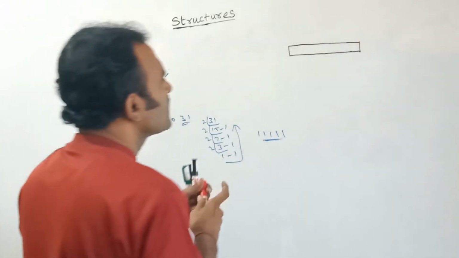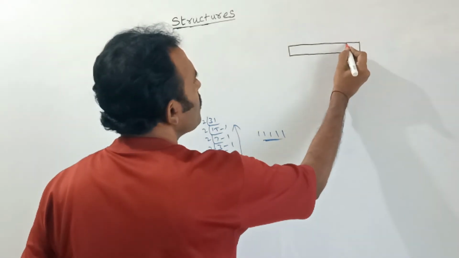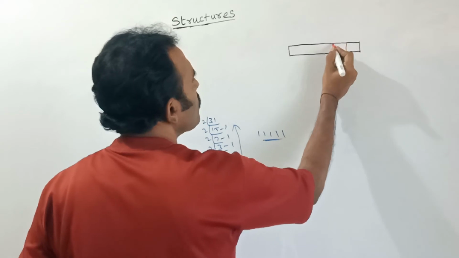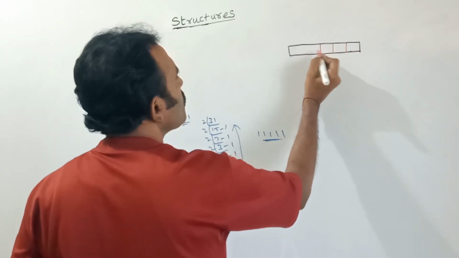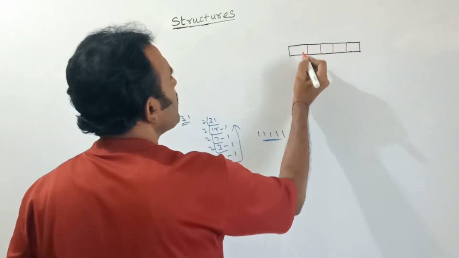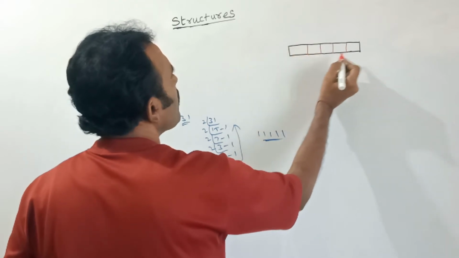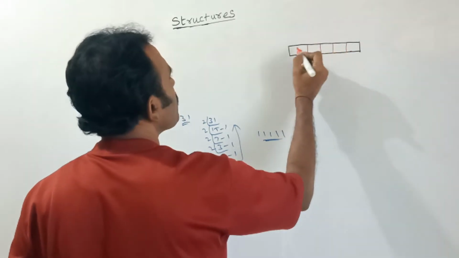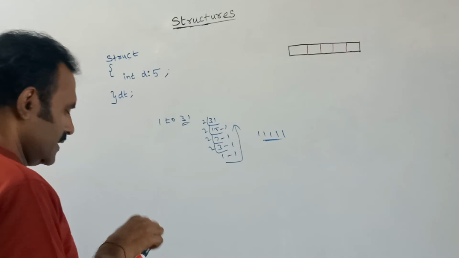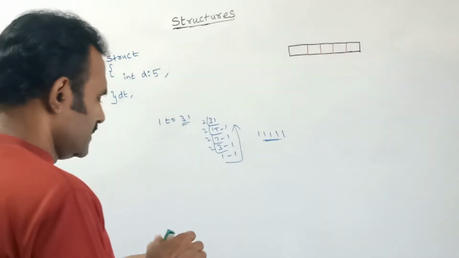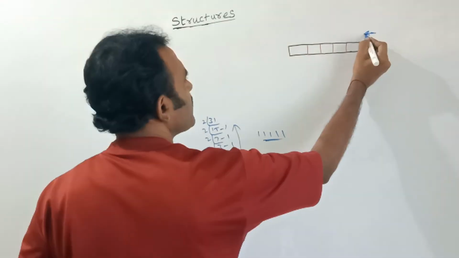So the bits start from 0, 1, 2, 3 and 4. Totally, here the bit value starts from right here.